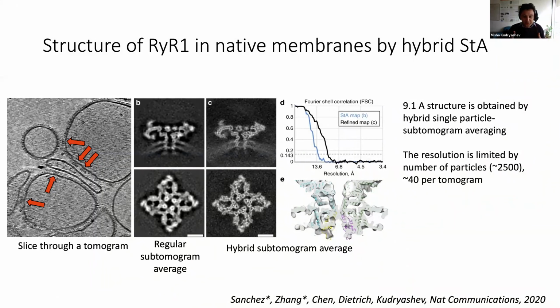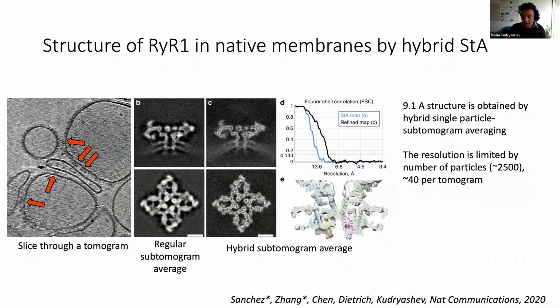Unfortunately, we still do need tomograms, because if we don't have tomograms and only try to pick particles in 2D projections of native vesicles, we didn't get it to work very well at all. And the limit of the resolution here is roughly the number of particles, which are limited per tomogram, because it's not a very abundant protein.